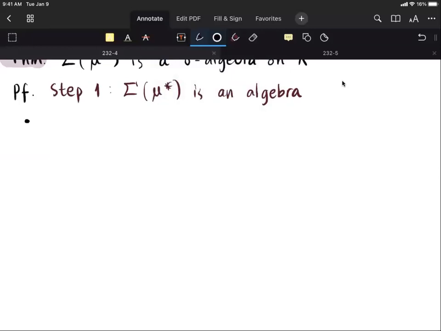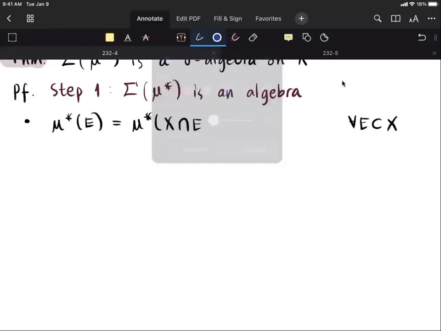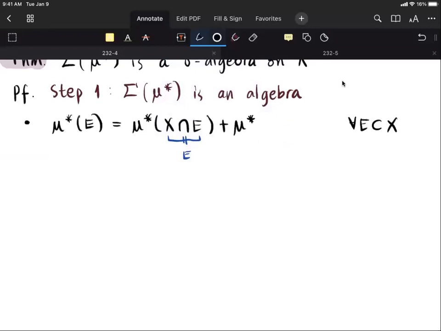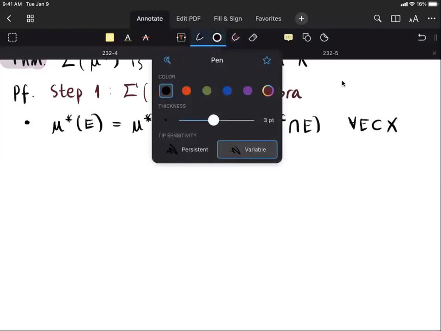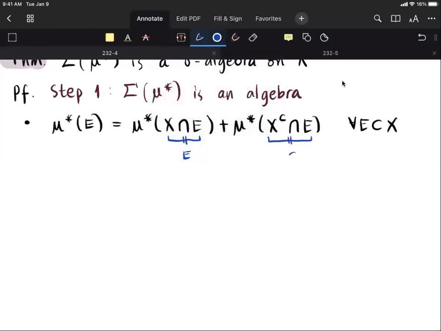Let us take E to be a subset of X. We can write the outer measure of E as mu star of X intersection E, because this intersection is simply E, plus the outer measure of the complement of X intersection E. This is the empty set.